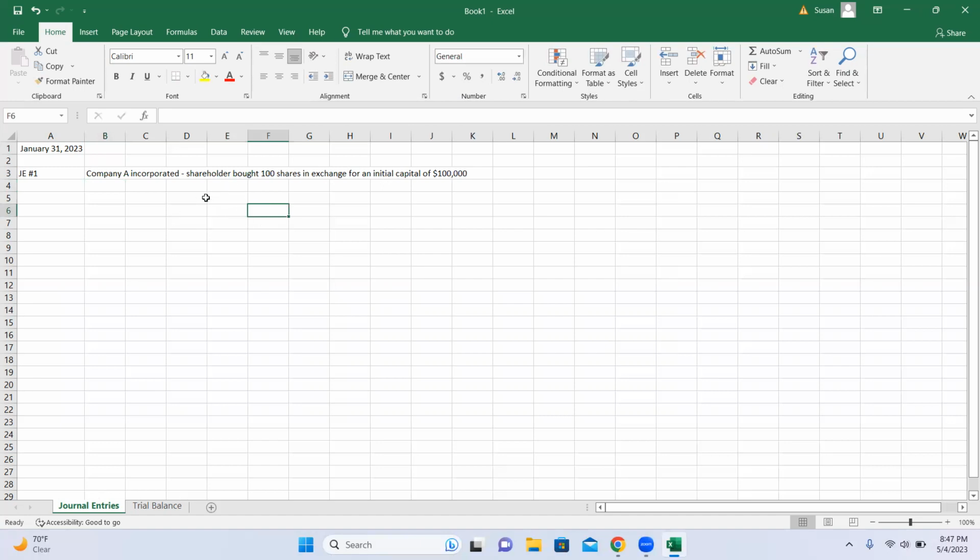For this entry, it's a double ledger entry. So that just means you have a debit and a credit.